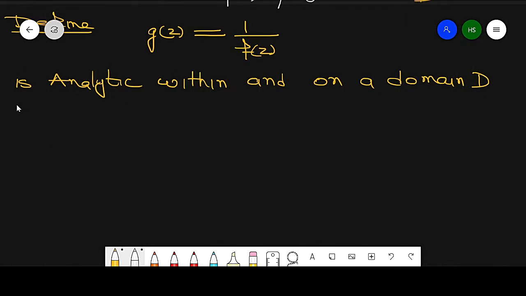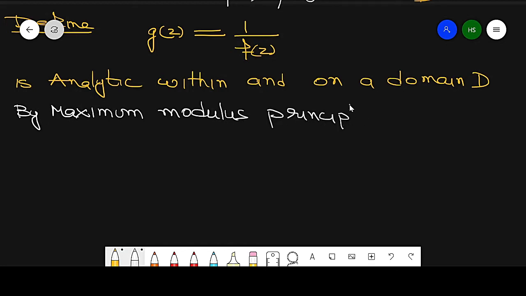since g is analytic within and on domain D, and also since f(z) is not constant, g of z is also not constant. So we apply the maximum modulus principle.